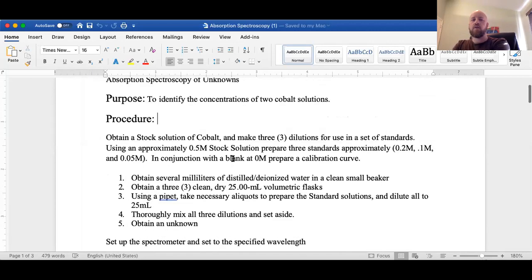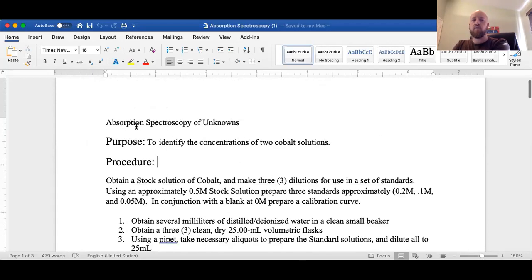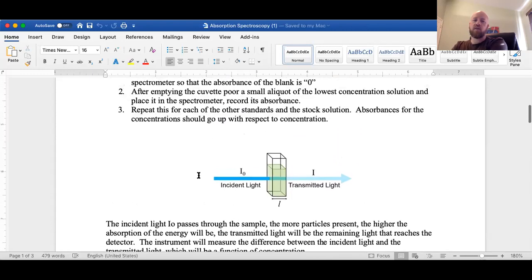All right, so what you have here is absorption spectroscopy. You don't really need to know too much about this. Essentially, absorption spectroscopy, if we look down here at this picture, is a method we can use to calculate things like concentration. We have worked within the past chapter or so with things like molarity.